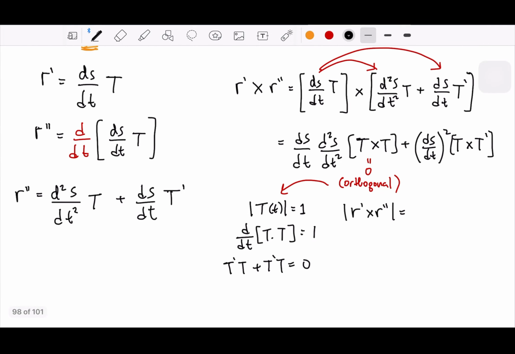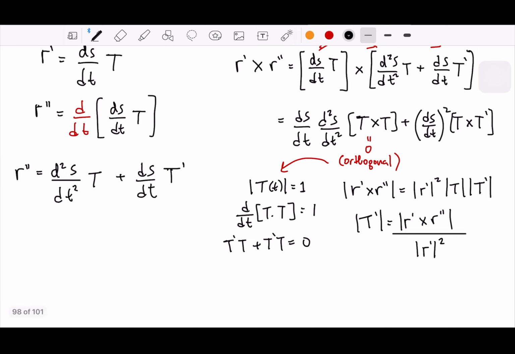And now we can write down the cross product of r prime and r double prime as r prime squared and magnitude of unit tangent and magnitude of the first derivative of unit tangent. We can rewrite the first derivative of unit tangent as the cross product of r prime and r double prime divided by r prime squared.